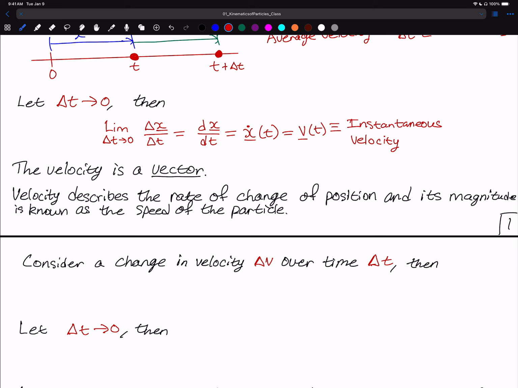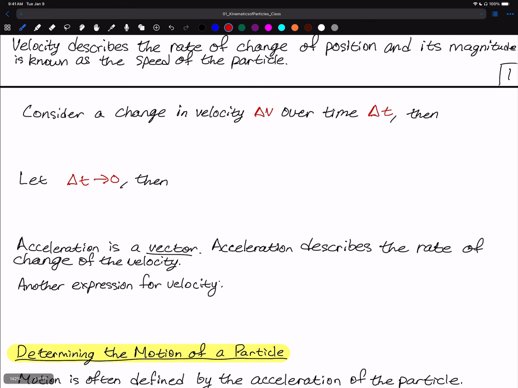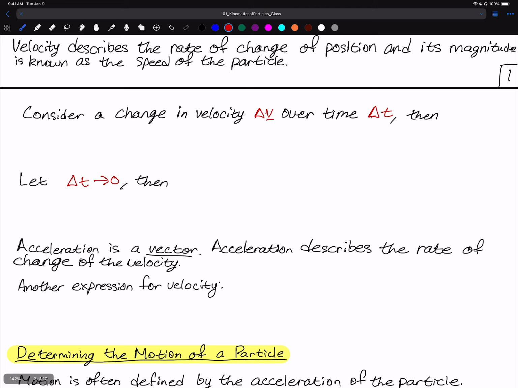Okay, let us now consider a change in the velocity, delta v. And again, this should be a vector, so I'm adding an underline to the delta v, over time delta t.